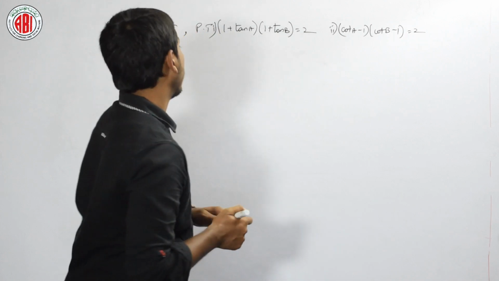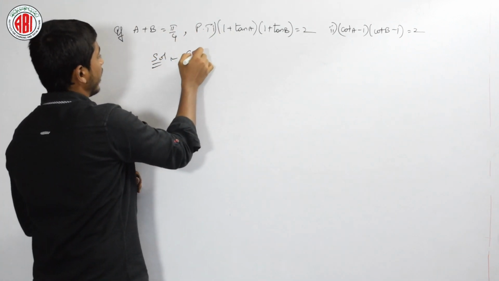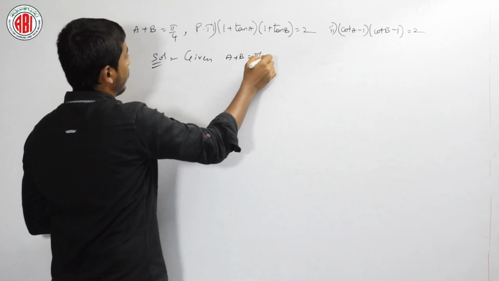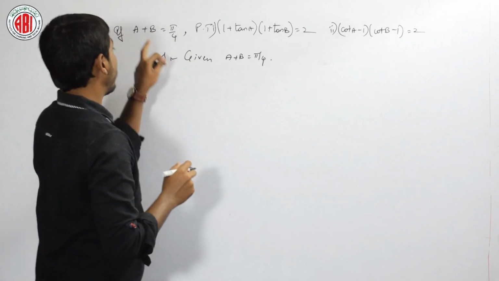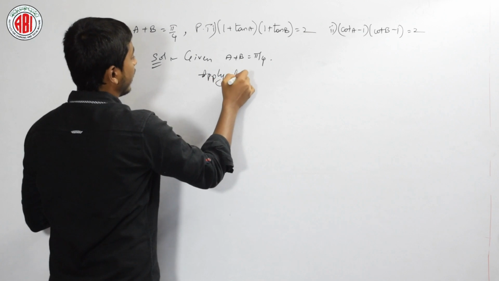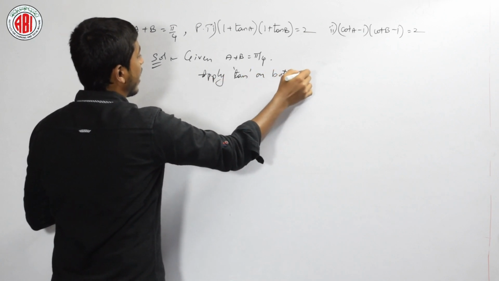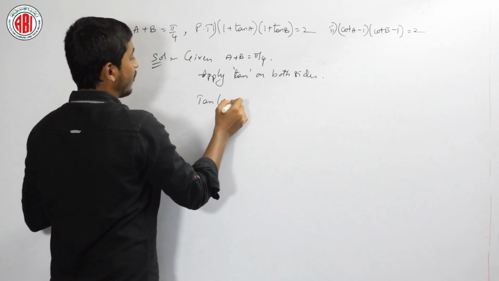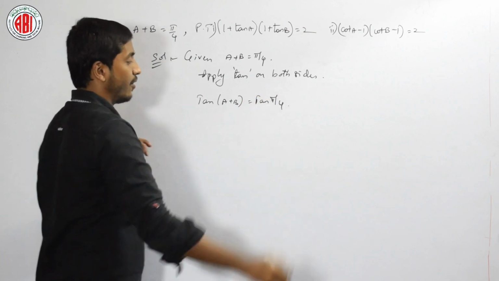Now see here, what is given? The solution: a plus b is equal to pi by 4. What do we have to apply? We have to apply tan on both sides. It will become tan of a plus b is equal to tan pi by 4.